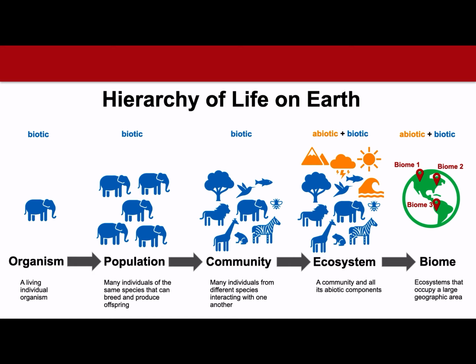A biome is situated at the top of the hierarchy of life and is composed of ecosystems that occupy a geographically large area. Biomes consist of both abiotic and biotic factors and communities of flora and fauna. Biomes are defined by temperature, precipitation, elevation, location, latitude, vegetation, and animals that live within the habitat.